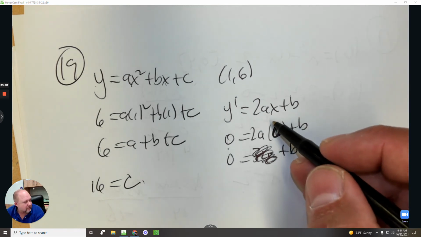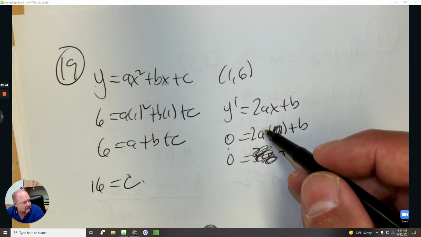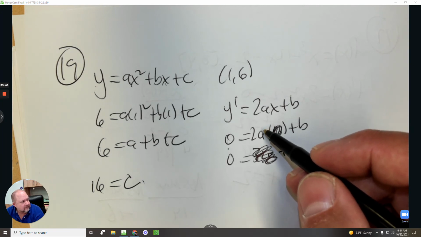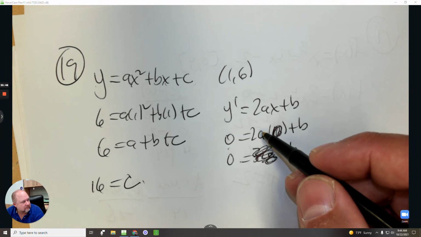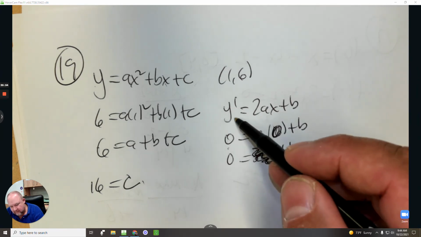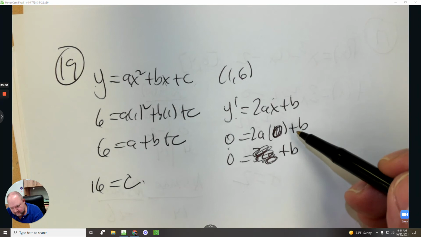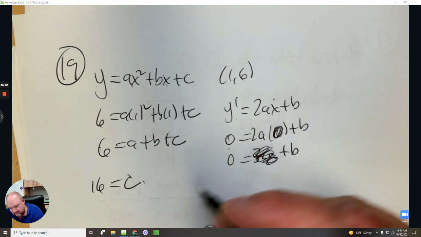so you take the derivative, 2a, right? You plug in 0. So when you take the derivative equal to 0, at 0 is 1. So I get b is equal to 0.